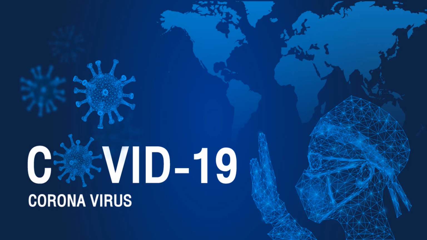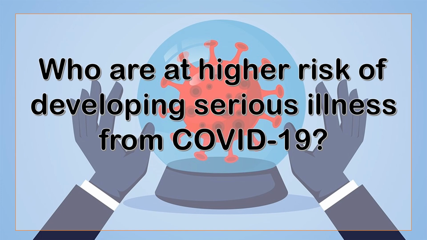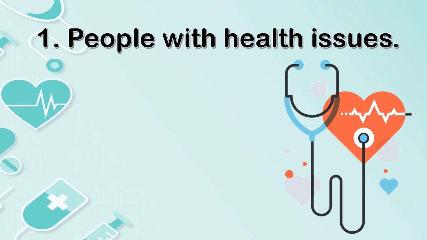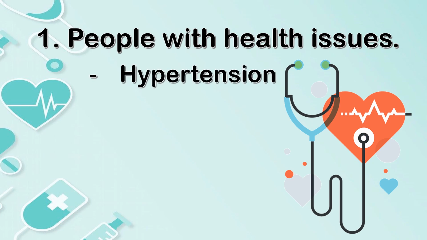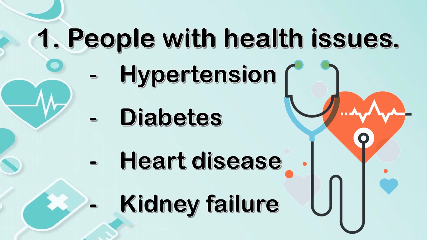COVID-19 affects different people in different ways. So, who are at higher risk of developing serious illness from COVID-19? Number 1, we have people with health issues, those who have underlying medical problems such as hypertension, diabetes, heart disease, and kidney failure.